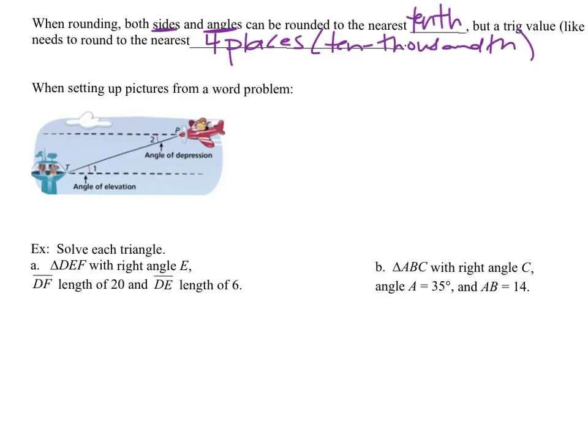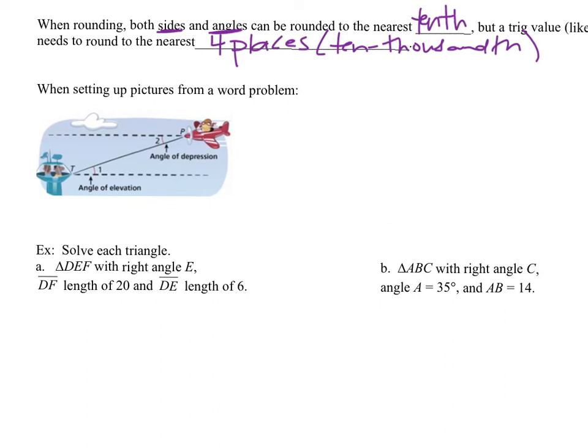Often in word problems, you're going to hear a couple of different phrases that will help you determine your location inside the triangle. If you ever see angle of elevation or angle of depression, notice their locations in the picture.